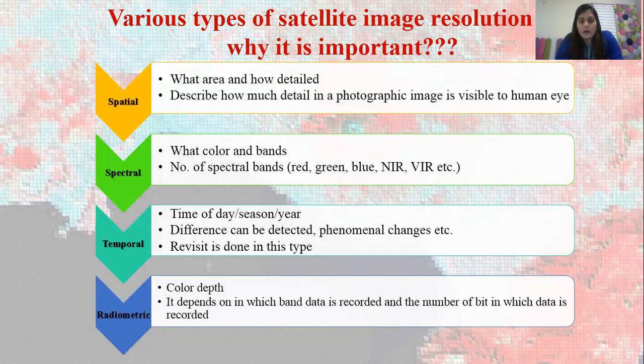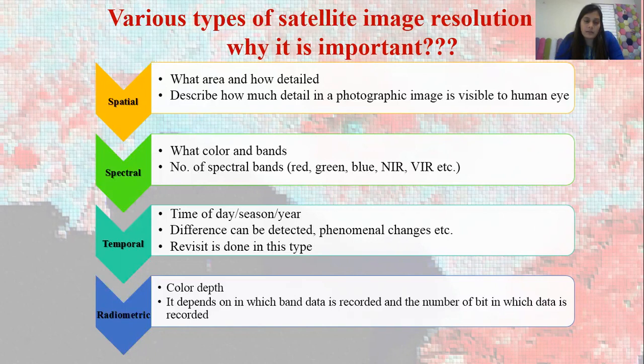So you should know how the specifications are adjusted into the sensor. In remote sensing terminology, students, we have four main types of resolution: spatial, spectral, temporal, and radiometric. This topic is very important.